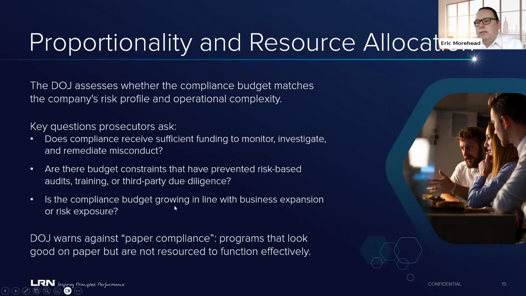And this is the most important thing that came out of this memo that's different: is the compliance budget growing in line with the expansion and growth of the business and the risk exposure that growth is going to necessitate?